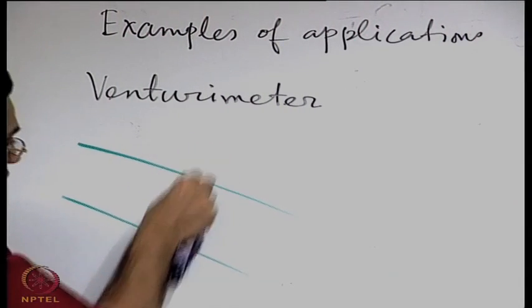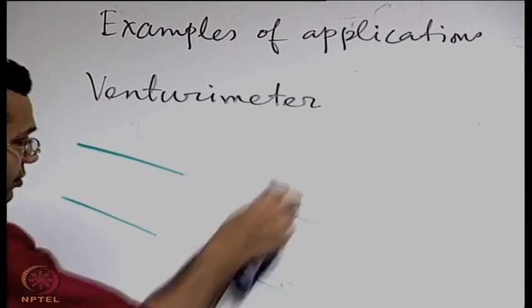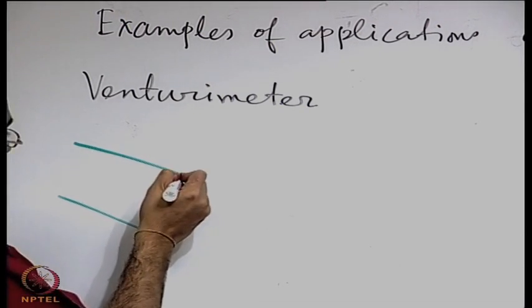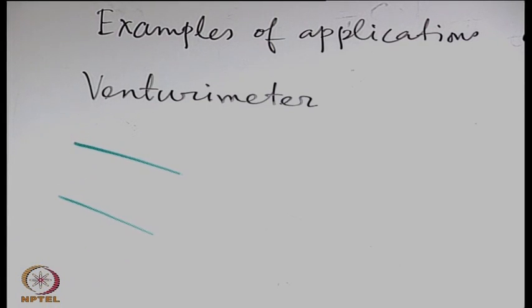So what is done? A part of the pipe is replaced with a device. What is that device? The device is like this.